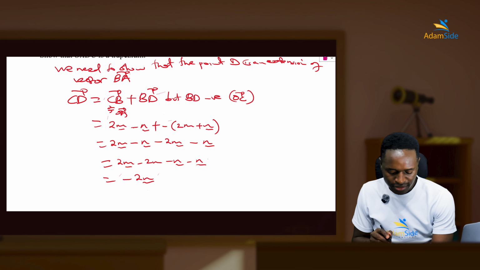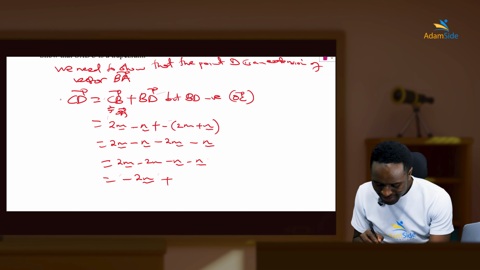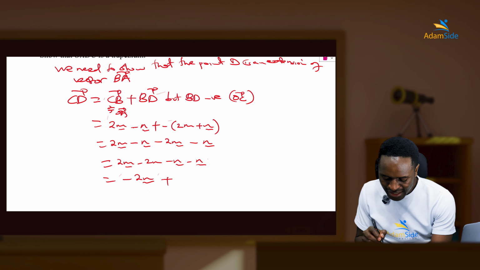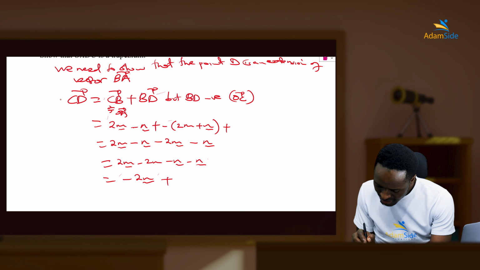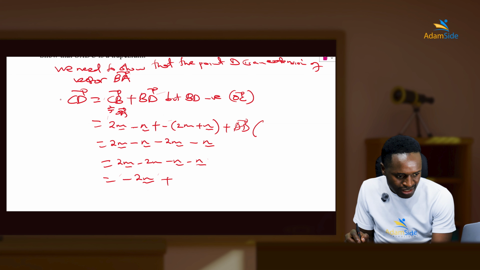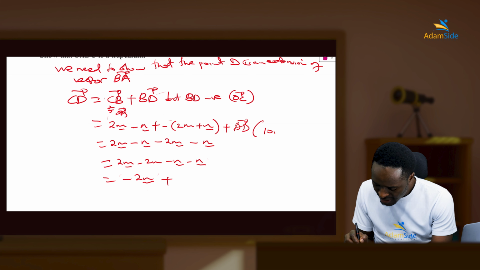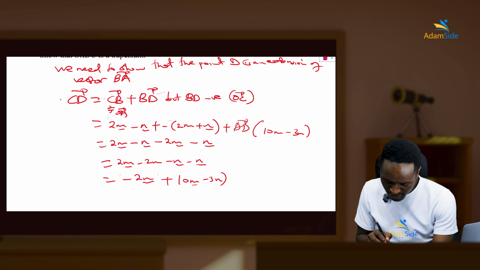But remember, negative 2n plus, because CD includes AD, which is given there as 10m minus 3n. So plus 10m minus 3n. So what do you get?